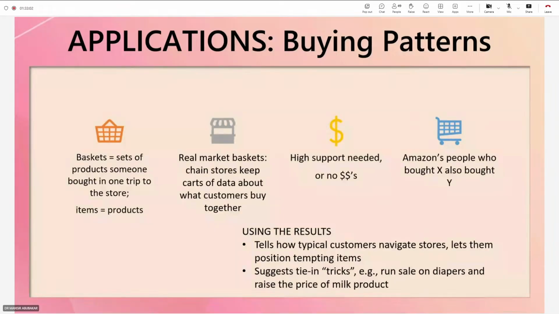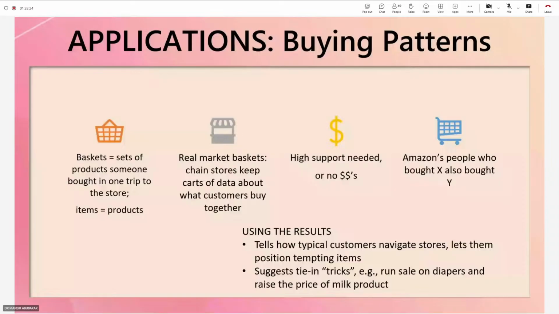It is the set of products someone bought in one trip to the store. Items here represent the products, or real market baskets, where chain stores keep cards of data about what customers buy together, and maybe the amount of dollars needed to be supported.